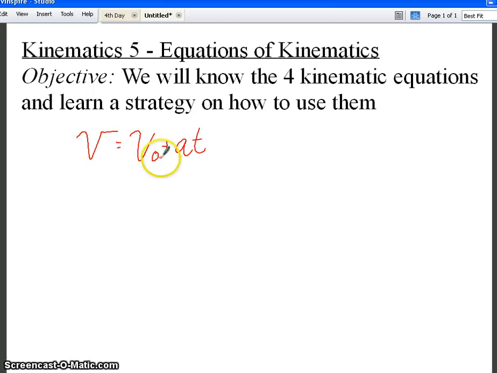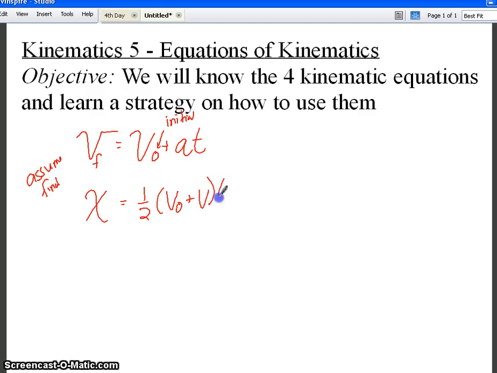This little zero down here means initial. If there is nothing next to it, we assume final, like v_f. We have displacement equals 1/2 times initial velocity plus final velocity times t.